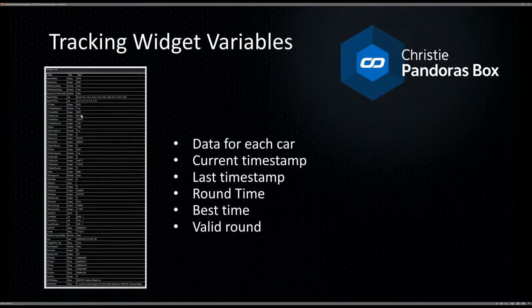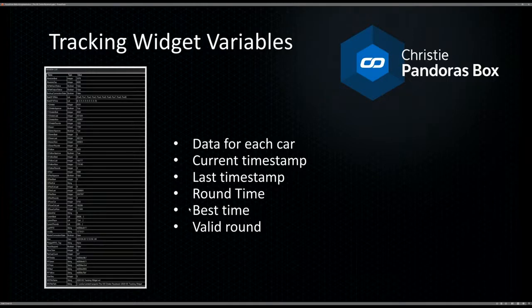It's not like, oh, last round time is like 5 seconds. No, it's a timestamp. So it's a now time, and you have to store the last time and then calculate the difference between the now time and the last time. That's one thing you have to do, and that is then the round time you get out of that.